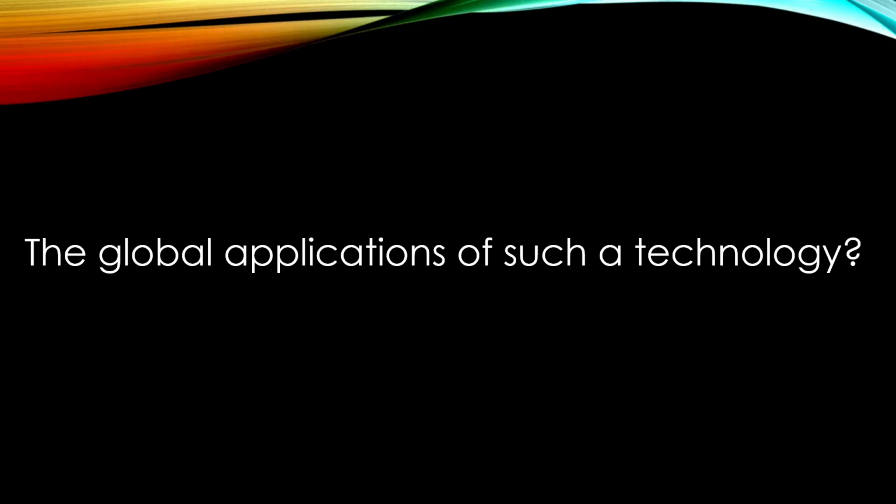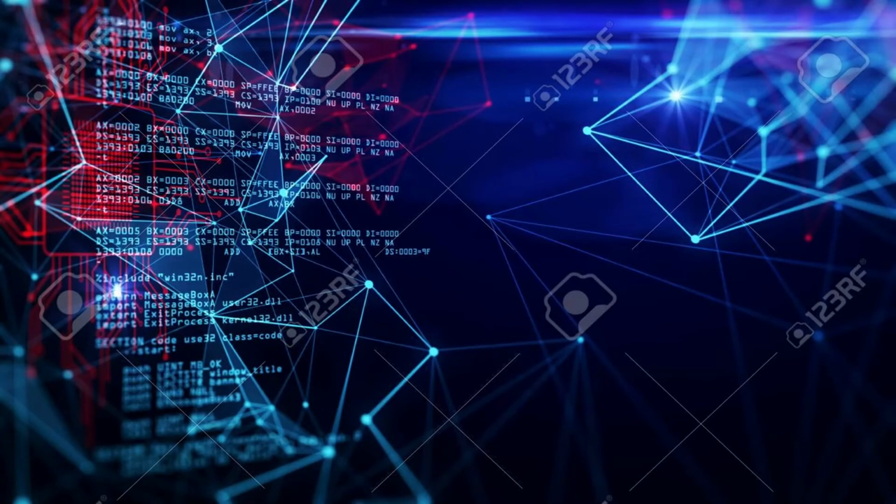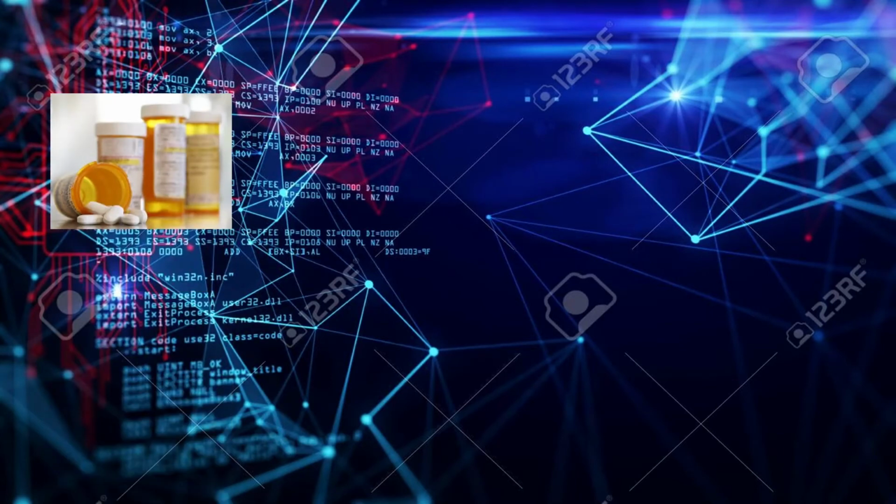So, what are the global applications of such a technology? Well, one of the main things is advancements in medicine. Because with quantum computing, you can actually simulate proteins and how medicines will react to them and how they're formed.